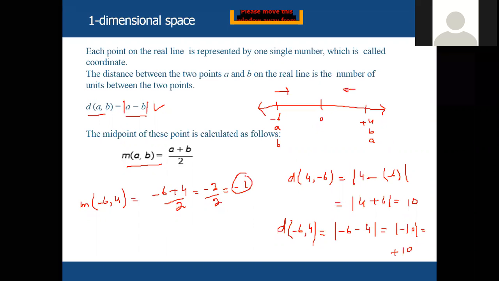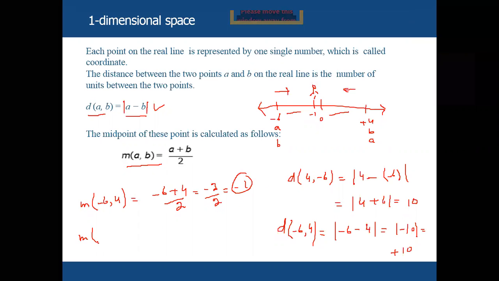So minus 1 is the midpoint of minus 6 and plus 4. Or if you write the midpoint of 4 and minus 6, first 4 plus minus 6 divided by 2, so minus 2 divided by 2. Again the result is minus 1.